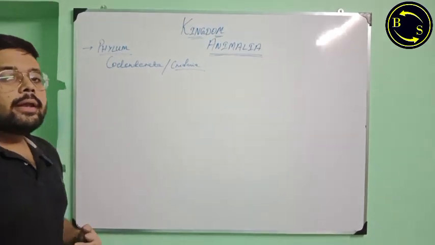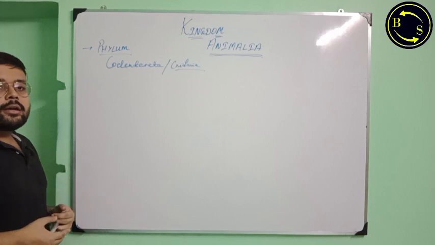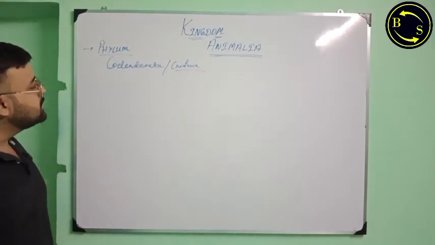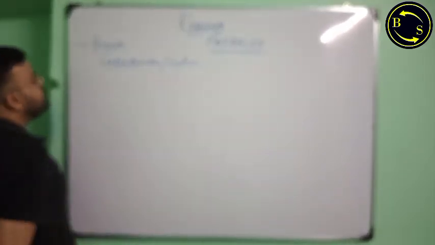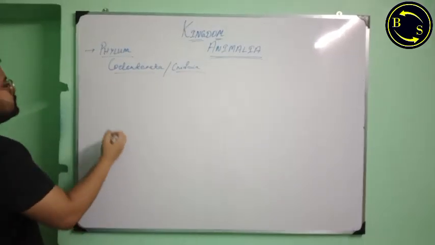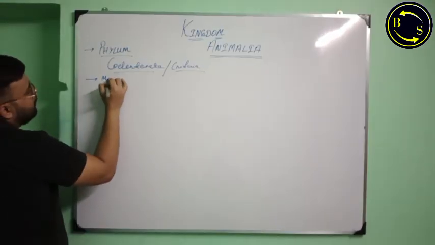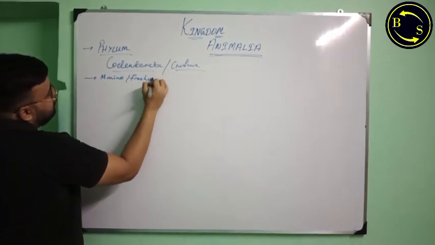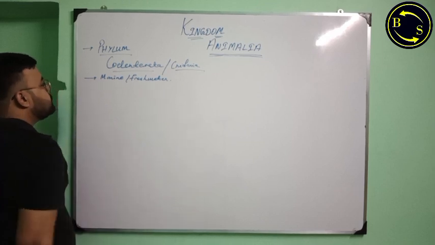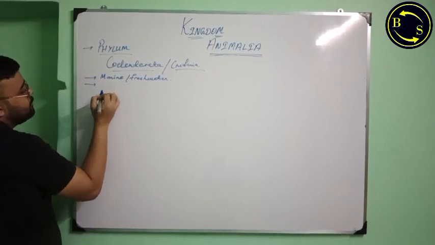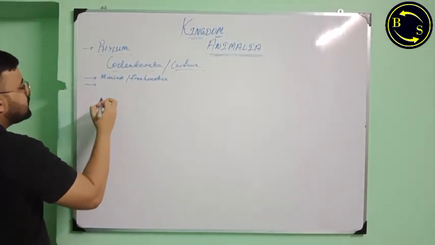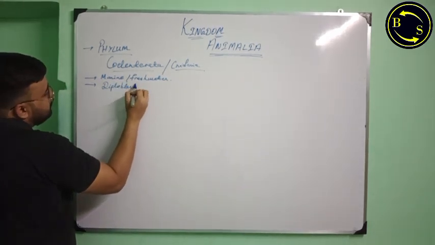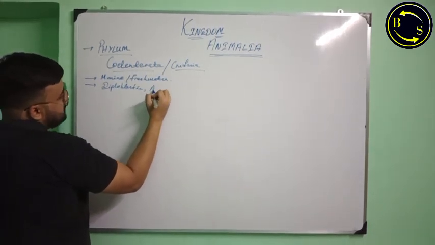Now we will move on to the next phylum, Coelenterata or Cnidaria. Cnidaria was the earlier name, now it is known as Coelenterata. These animals can be marine or freshwater but aquatic. They have a diploblastic body, are acoelomic.